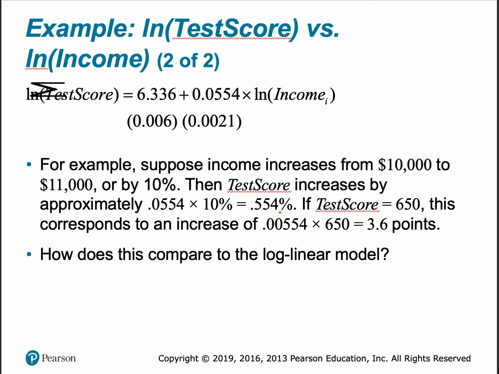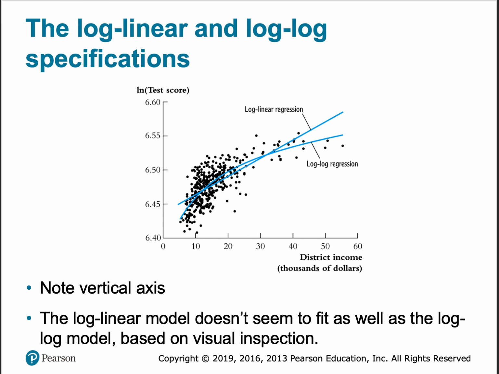Because 0.554% is, in decimal form, 0.00554. So the new test score at $11,000 is predicted to be 650 plus 3.6 gives us 653.6.